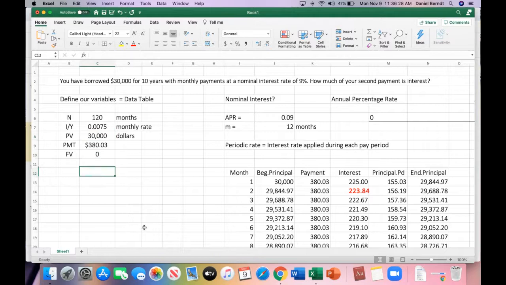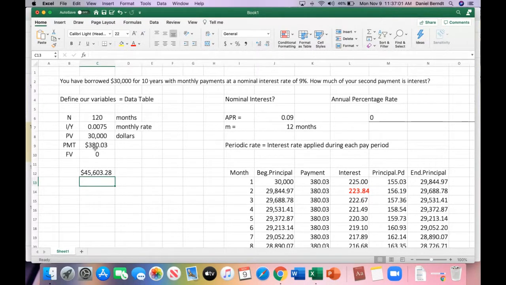Another way to figure that out without creating an amortization schedule is, once you find your payment, you can multiply that payment by the number of payments or months. My payment of $380.03 times 120 payments tells me that during that 10 years, I'm going to pay $45,000 back to the bank, even though I borrowed 30.